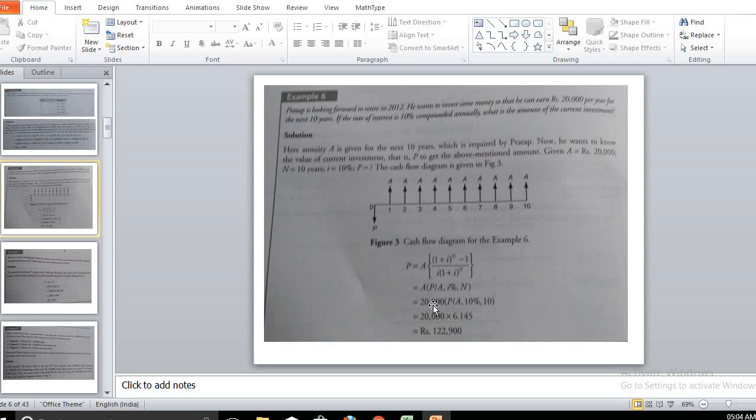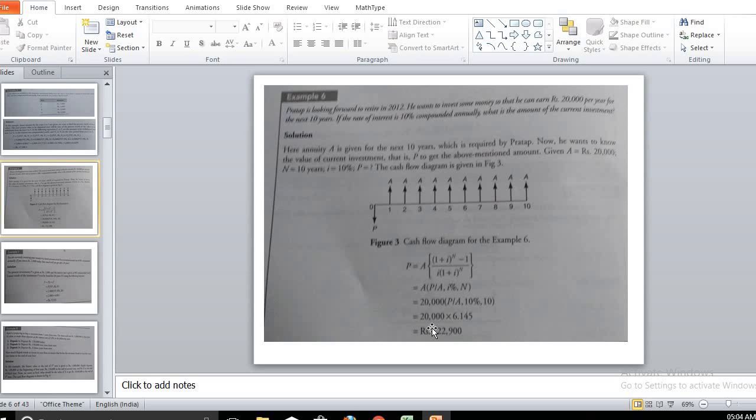The annuity is now 20,000, and it is required for n is equal to 10 years with compound interest 10%, and this bracket is represented as P by A. So this 20,000 into this 6.145 becomes this much amount. So this much amount we should invest so that we can get a sure amount for 10 years at an interval of 1 year.